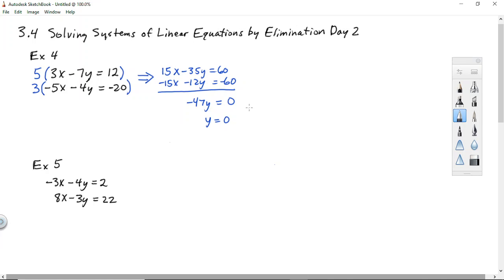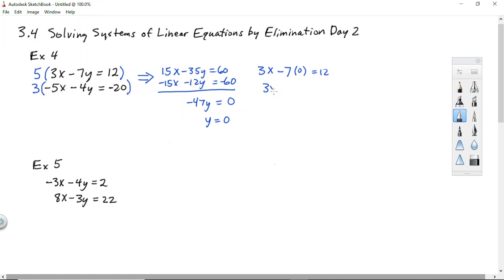So now we just take that, we plug it into one of the equations, either one. We'll use the top one, 3 times x minus 7 times y. Y is 0, so we plug it in for y, equals 12.